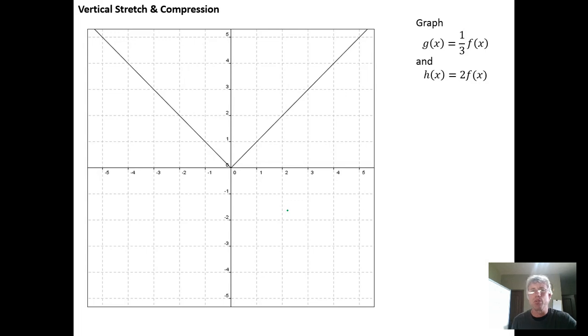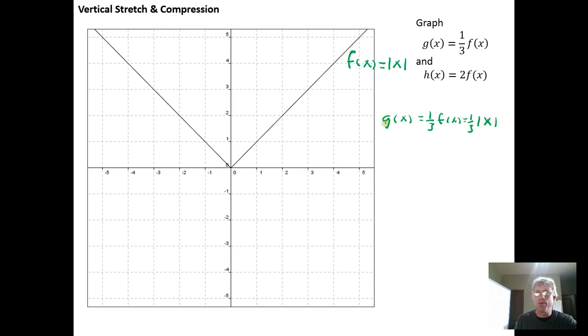So if we're working with a toolbox function, we want to look at the toolbox function and identify what it is. So f of x is the absolute value function, absolute value of x. And if we're going to create the function g of x, which is 1/3 of f of x, that just means that g of x is 1/3 of the absolute value function.